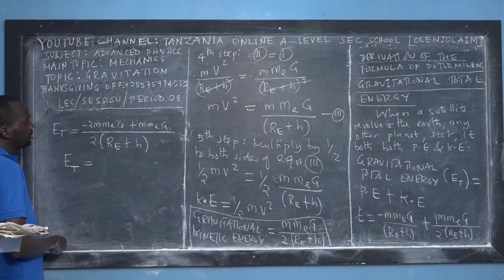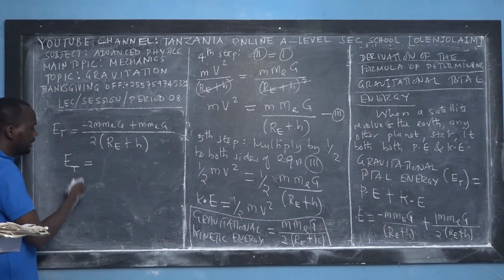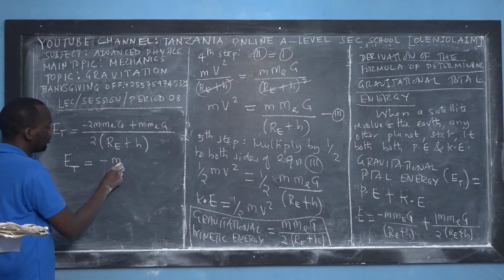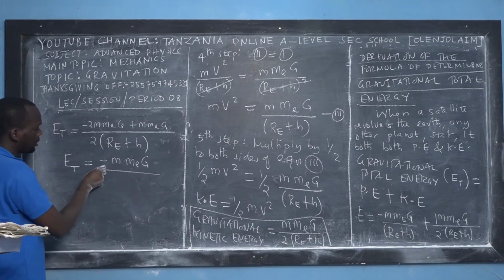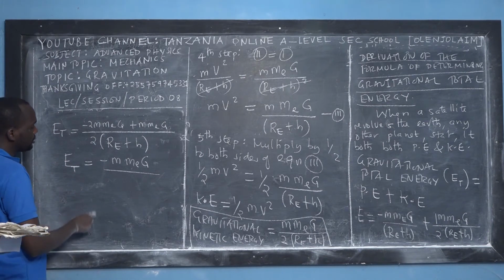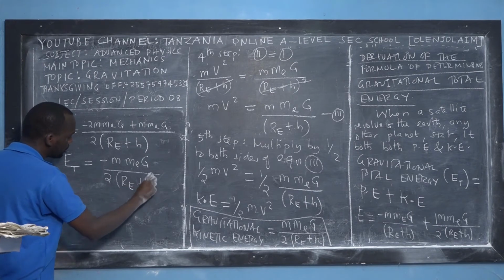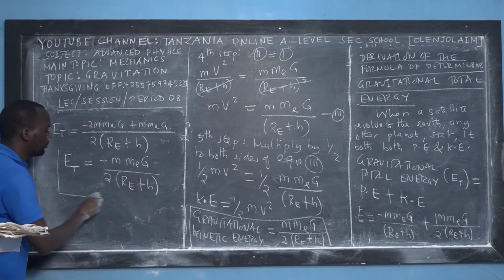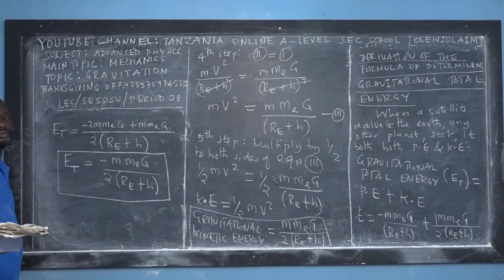For this case, this plus this, we get negative. So it should be negative mass of the Earth, times the universal gravitational constant, over 2 times the radius of the Earth plus height h. This is the general formula of total gravitational energy.